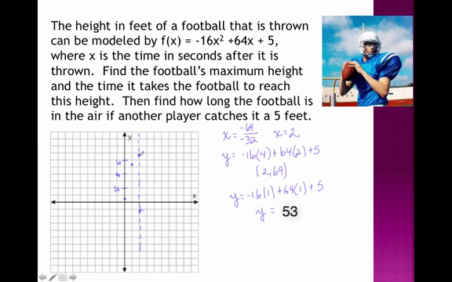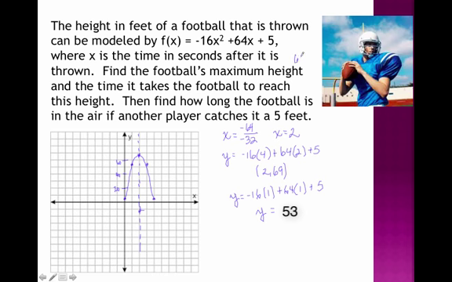I'm not going to take too long with this, so I'm going to go ahead and sketch this graph, because I've got all the information that I really am going to need for this one. Remember, I've made the assumption that another player is going to catch it at 5 feet, so my parabola is not going to be quite touching my x-axis. The questions, though, are: what is the maximum height? The maximum height the football reaches is the y value of my vertex, which is at 69.